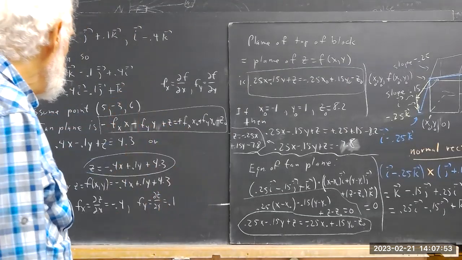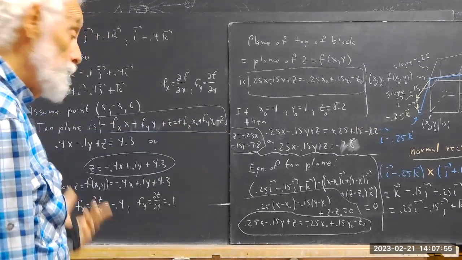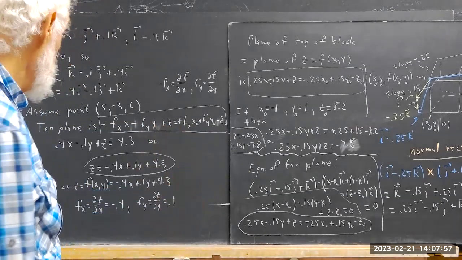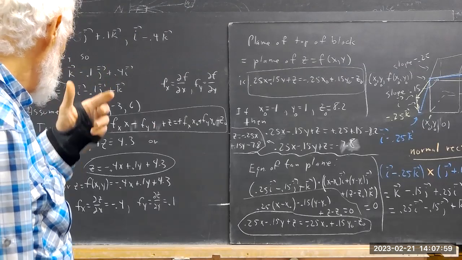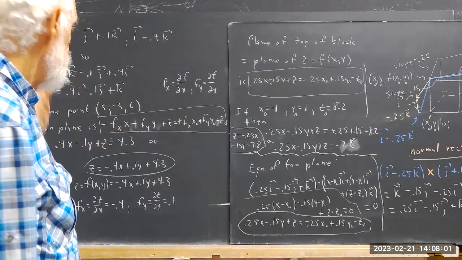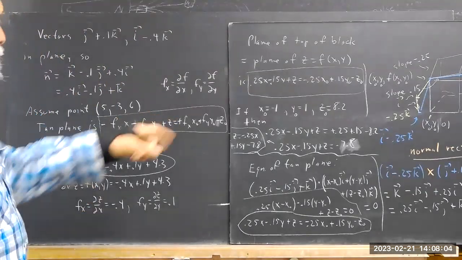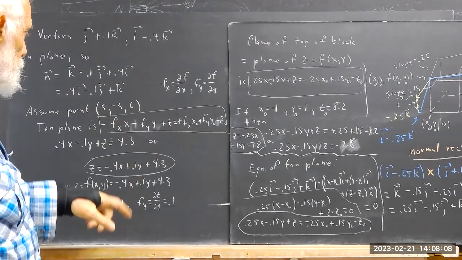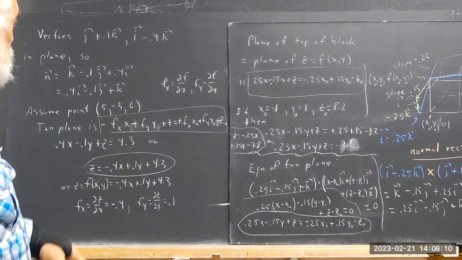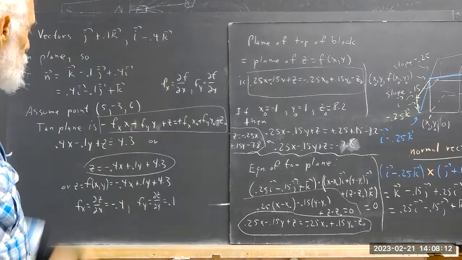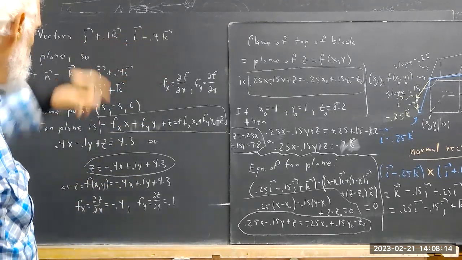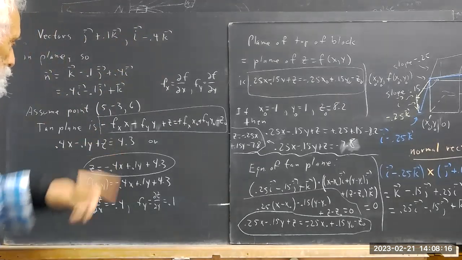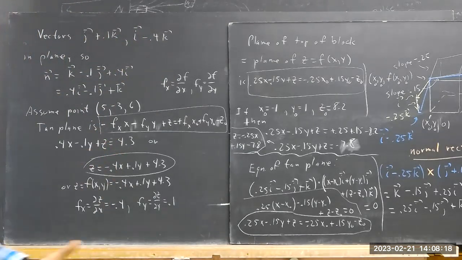Okay. So that's the equation of the tangent plane. So there it is. And all I did then was substitute the 5, negative 3, 6, and the values of fx and fy, which were 0.1 and negative 0.4. I'm sorry, negative 0.4 and 0.1. And did the arithmetic, and there's the equation of the tangent plane.